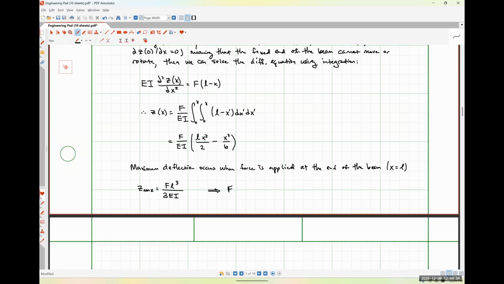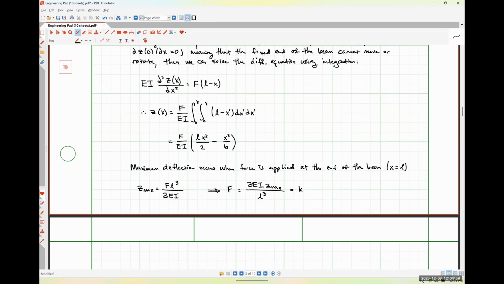So let's see. So F will be equal to 3EI Z max over L cubed. And this is my Hooke's law variation for this guy, right?